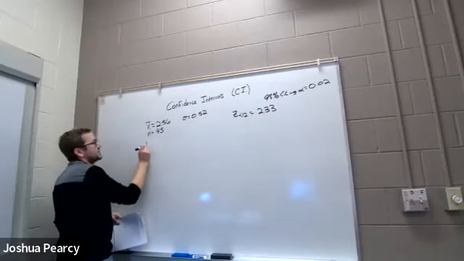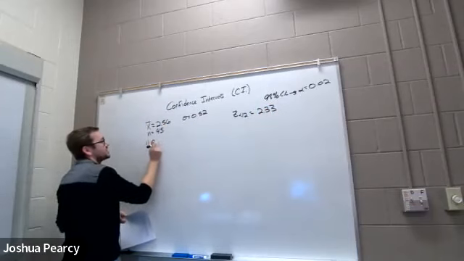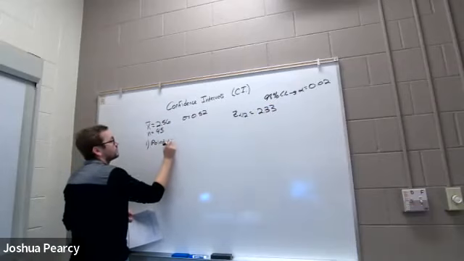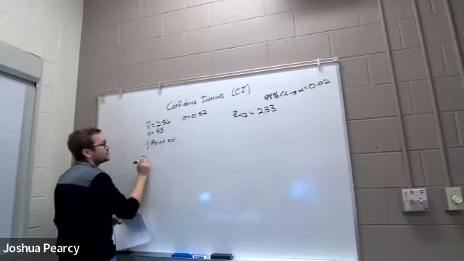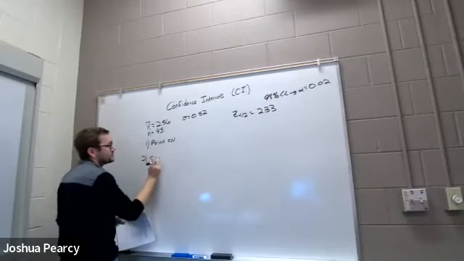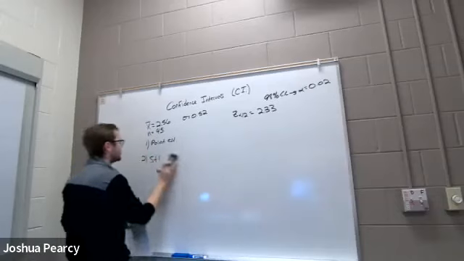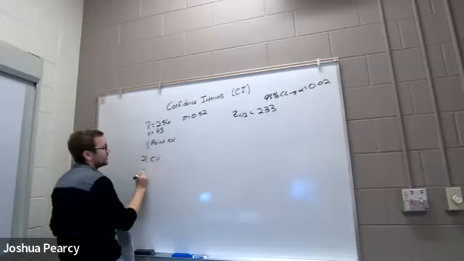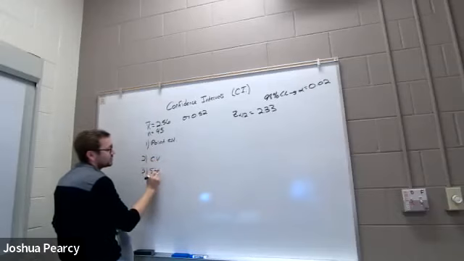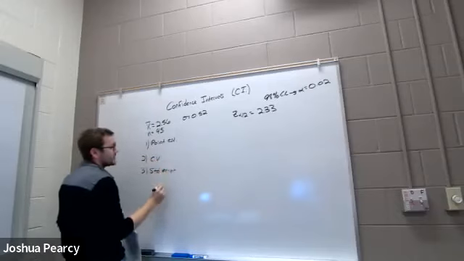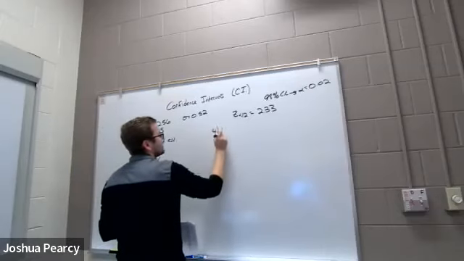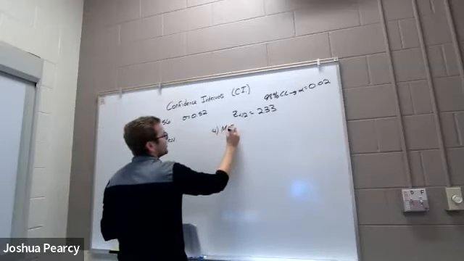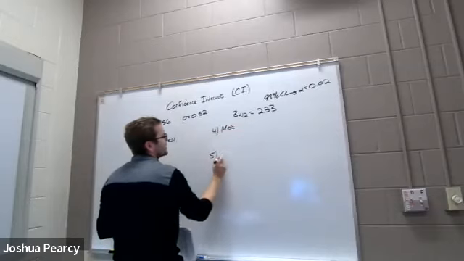The way I usually have it is step 1 is the point estimate. Step 2 is the critical value. Step 3 is the standard error. Step 4 is the margin of error. And step 5 is give the confidence interval.